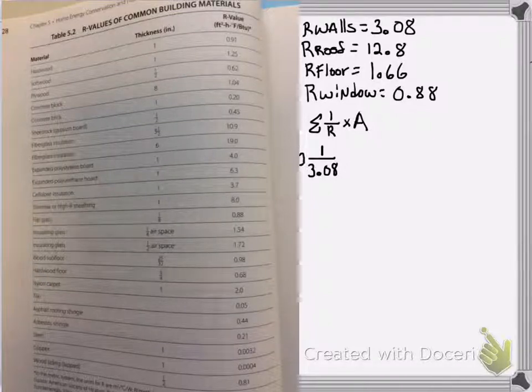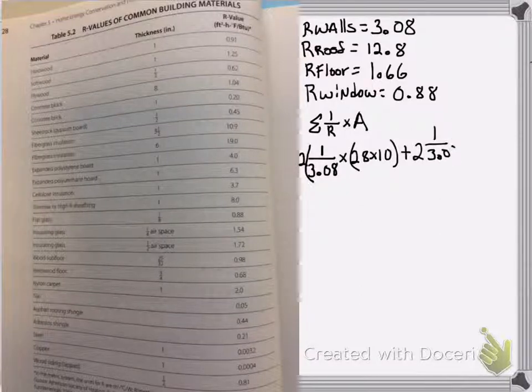So I'm going to do 2, this is all going to be times 2 at the end, times the 28 times 10. I'm going to do this first to get my area in feet squared. And that will be added to 2 times 1 over 3.08, times my 40 by 10 feet squared.